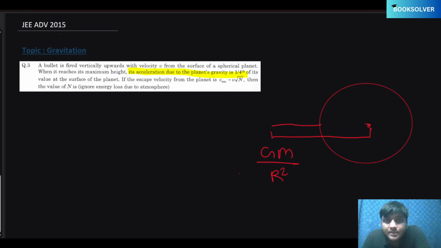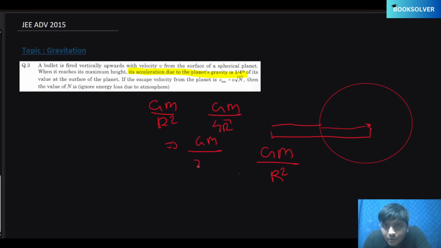So if this is our radius, it was initially GM by r square. If we divide by 4, it becomes GM by 4r square, and we can write it in the form of GM by (2r) whole square. It means that our bullet has reached a height of 2r from the center.